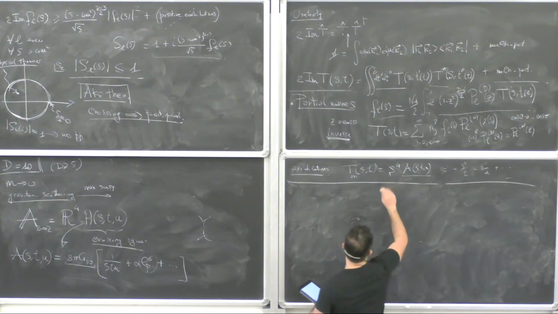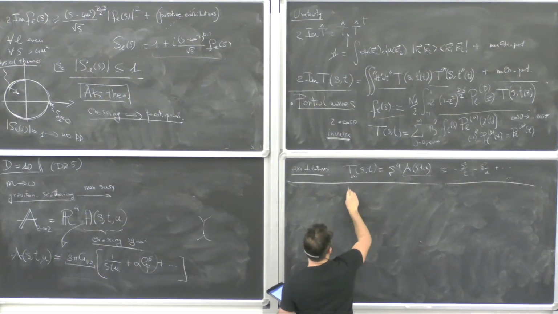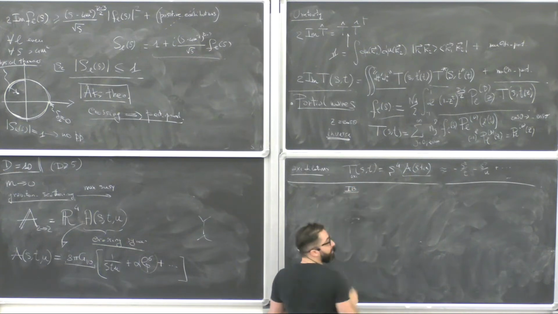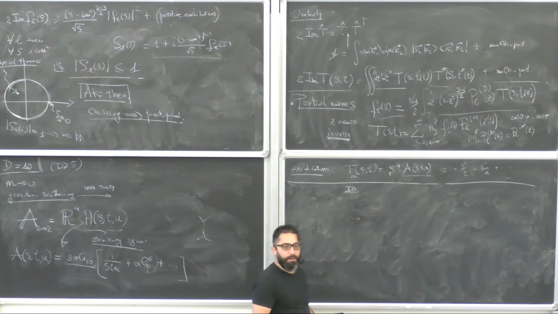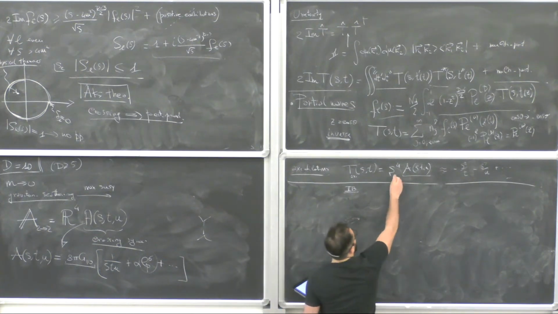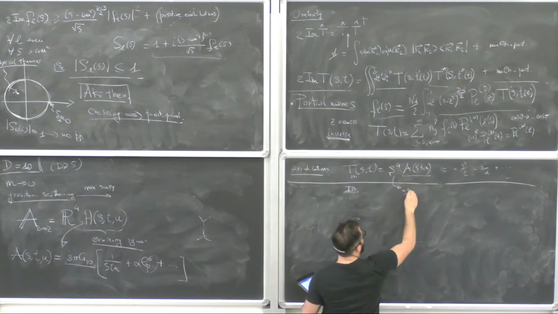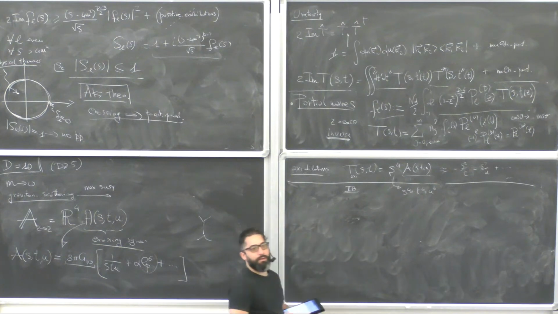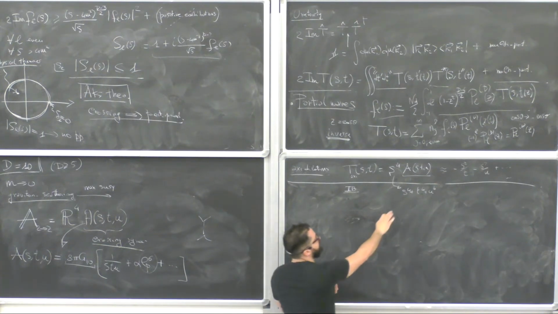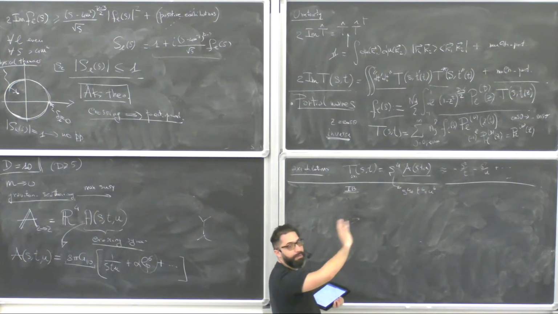In type 2B, this would correspond to the physical scattering of particles in the supermultiplet. In type 2A, you need to change a little bit this prefactor. And now this is a crossing symmetric factor, that would be a dilaton.